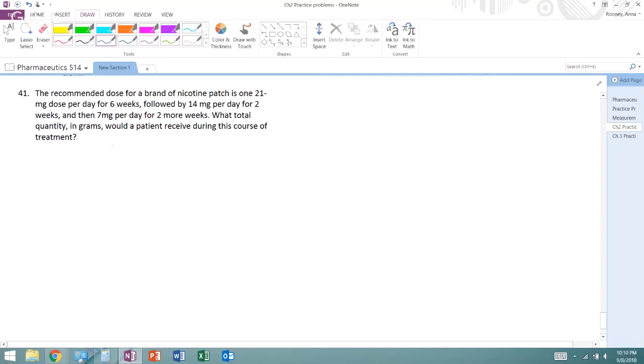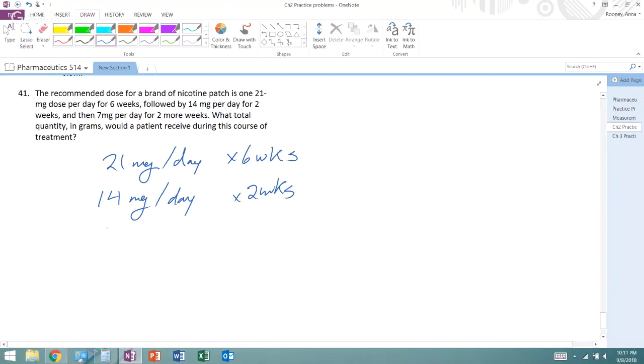All right, a recommended dose for a brand nicotine patch is 21 milligrams per day for 6 weeks, followed by 14 milligrams a day for 2 weeks, and then 7 milligrams a day for 2 more weeks.